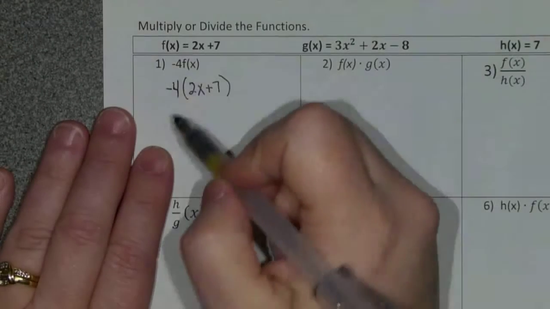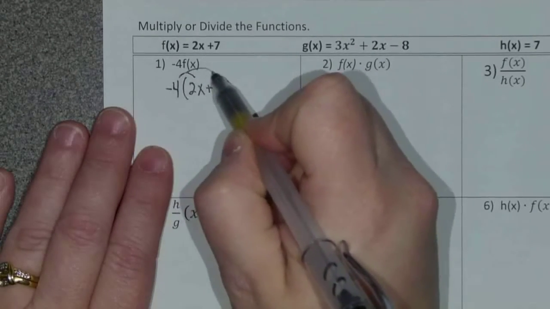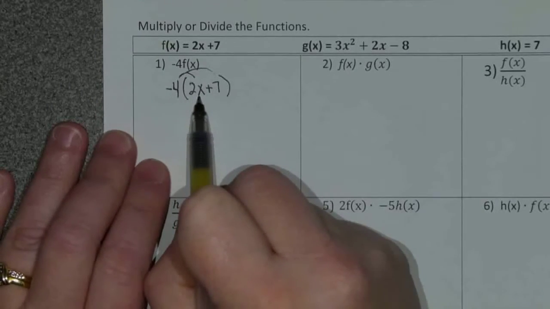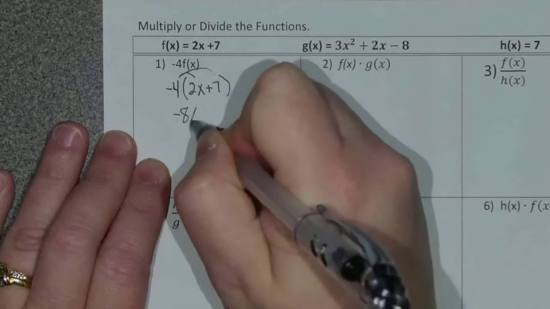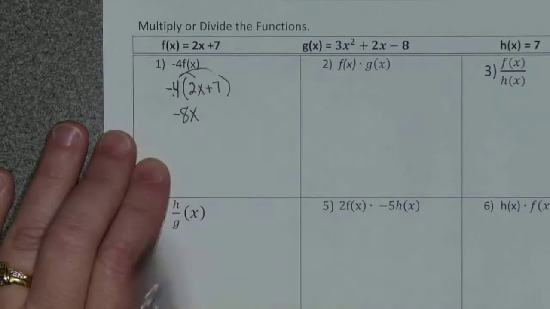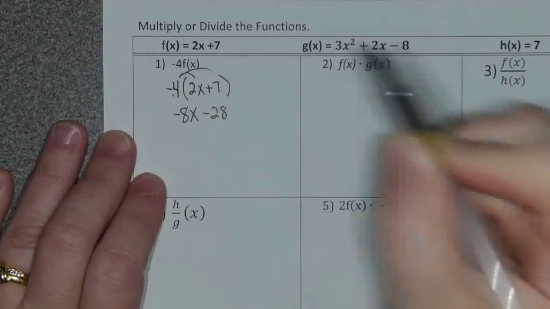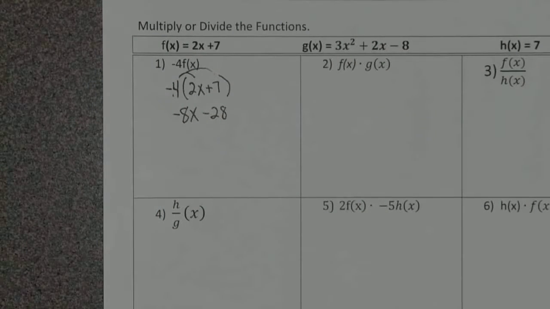What do I get when I do that? -4 times 2x is -8x, good. And -4 times 7? Perfect. So that's my solution to -4 times f of x. That wasn't bad, was it?